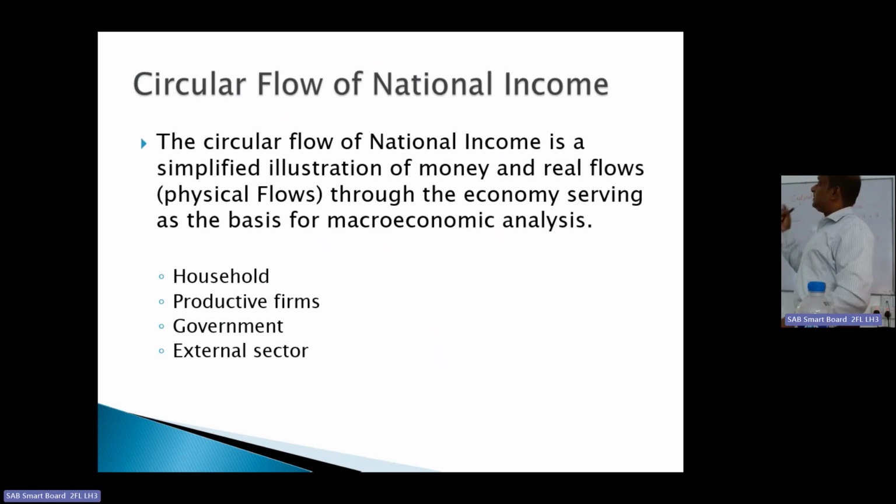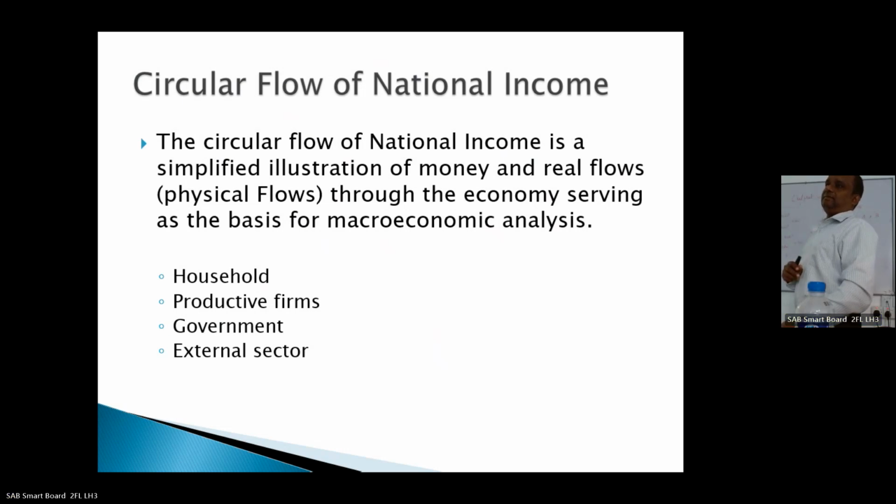In a simple circular model, we explain basically the real and the monetary flows, which operate in opposite directions between household and firms. We purchase goods from the firms, which is consumption, and we make the payments also, which is expenditure.